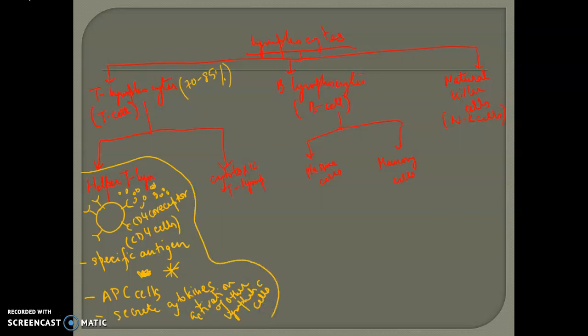Moving on to cytotoxic T lymphocyte. Let's take a look. The cytotoxic T lymphocyte have another type of receptors on the surface. These are called CD8 receptors, CD8 co-receptor.